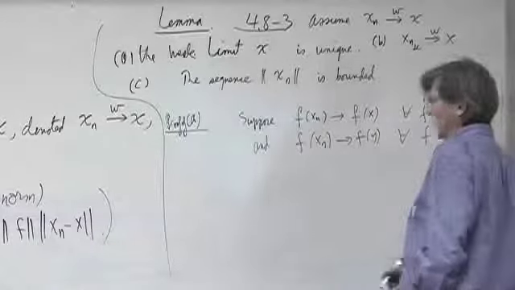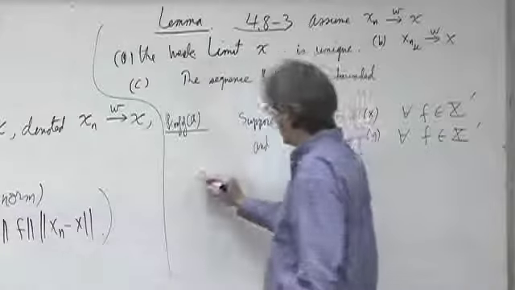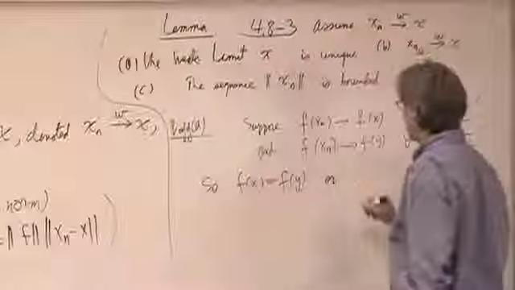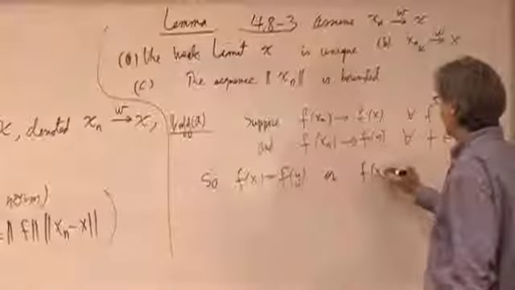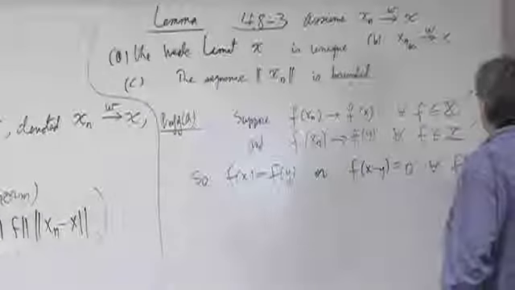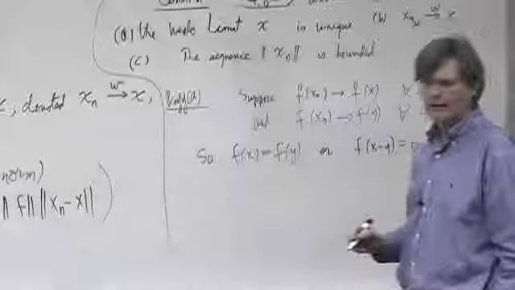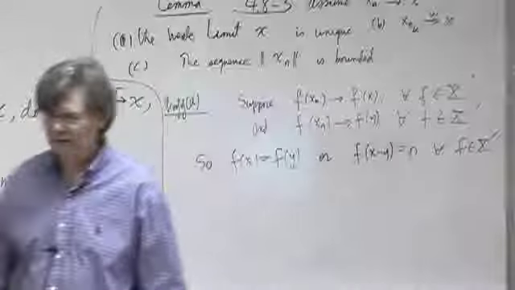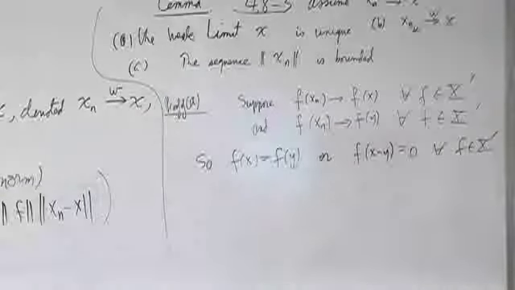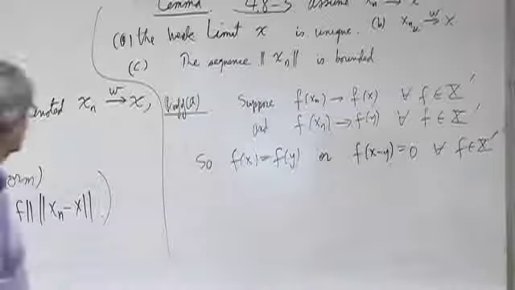Okay, so that means that f(x) equals f(y), or f(x minus y) is equal to 0 for all f in X prime. Now, however, the functionals separate points. Okay, that was corollary 4.3-4.